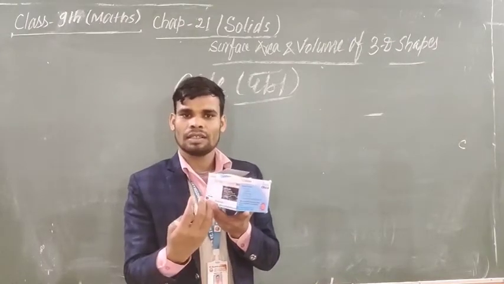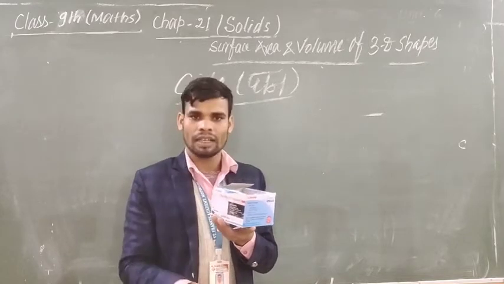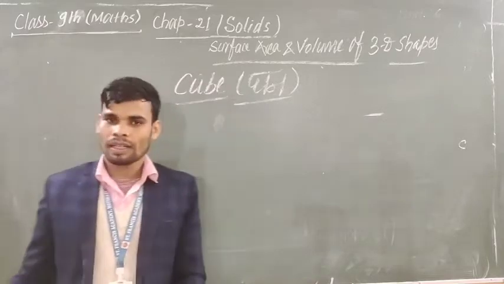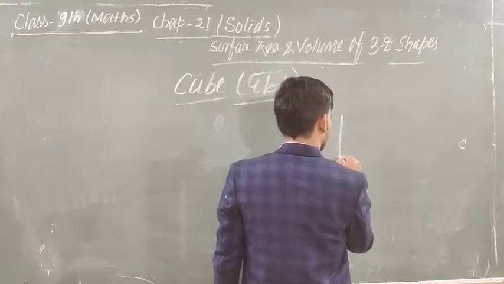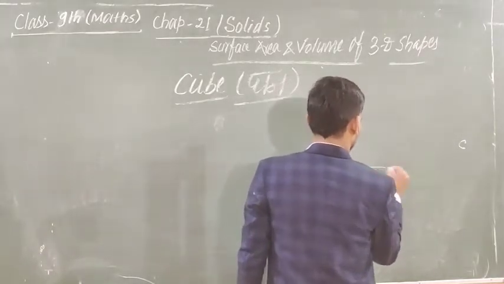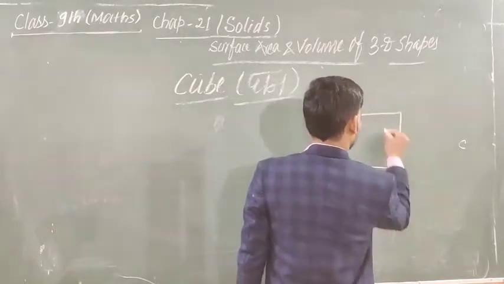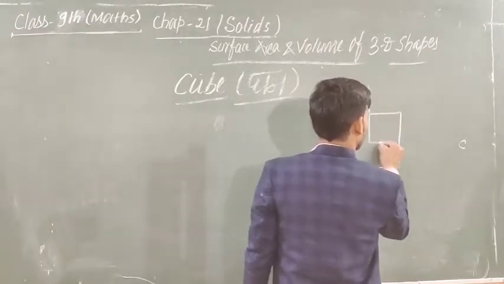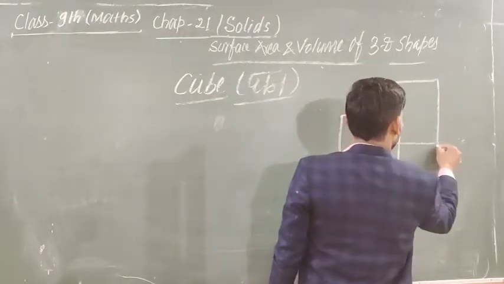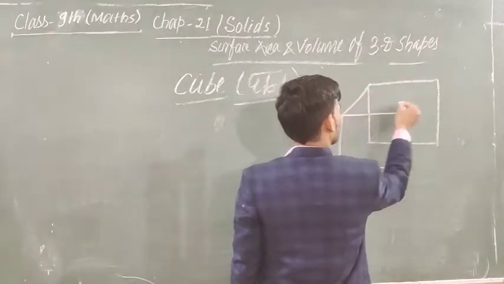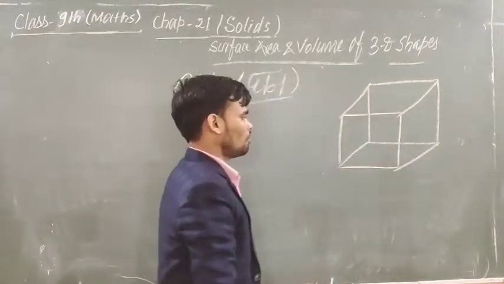All the faces are in the shape of a square and they are of equal area. Okay? So let me draw the figure of a cube on the board. Suppose this is a cube.